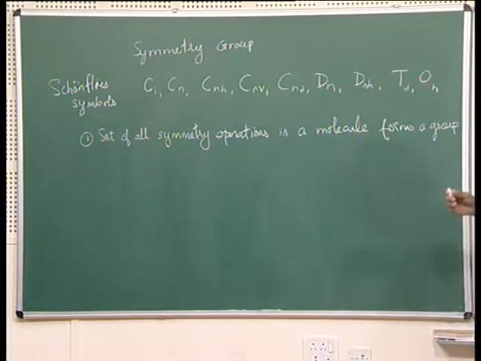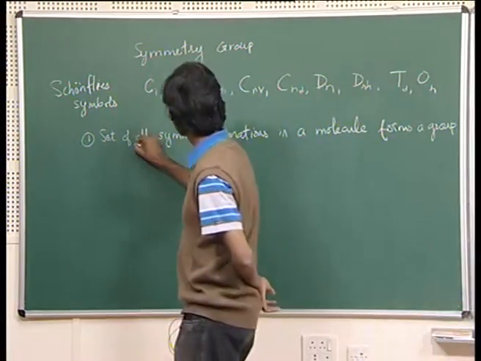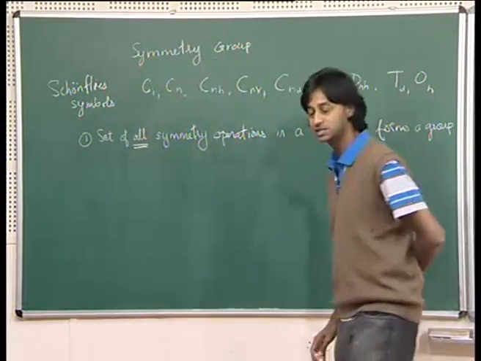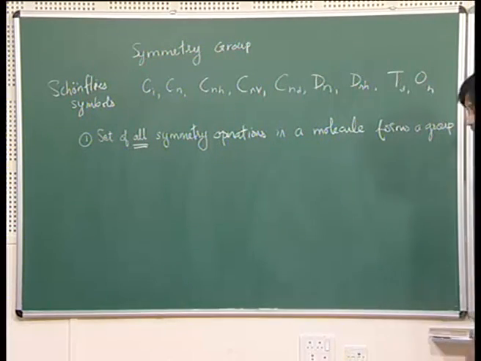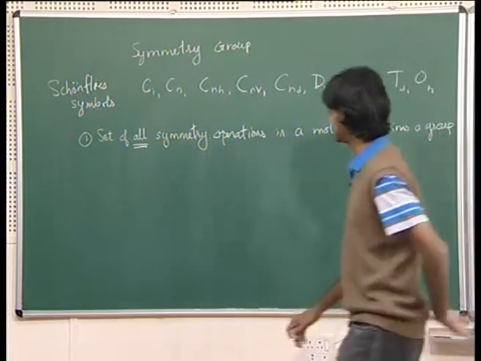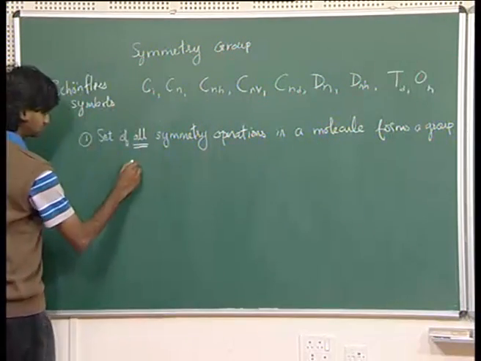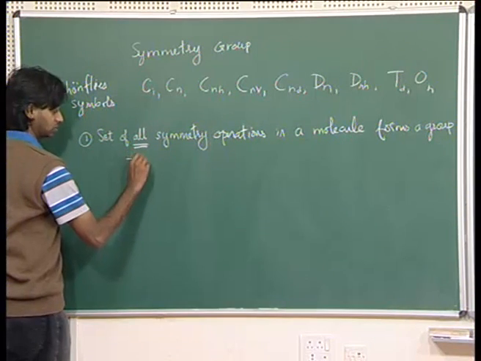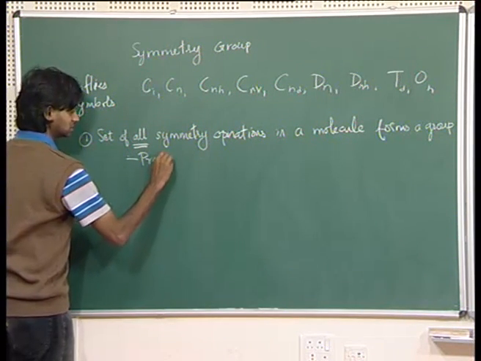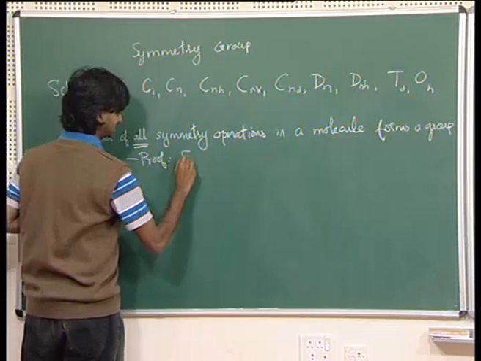So if you take all the symmetry elements, it's very important to take all the symmetry elements, all the symmetry operations in a molecule, that will form a group. This is not too difficult to prove. So the proof is left as an exercise for you.